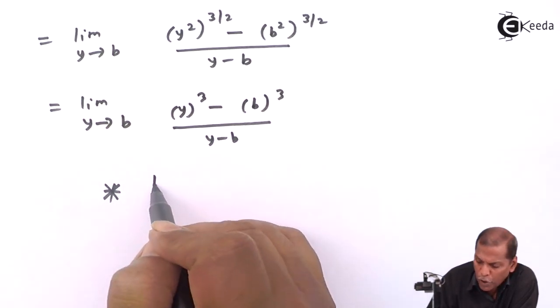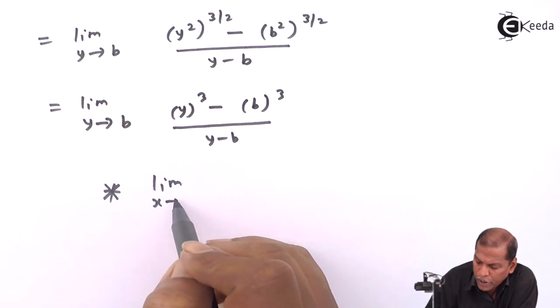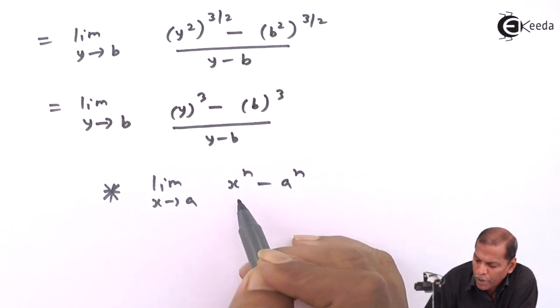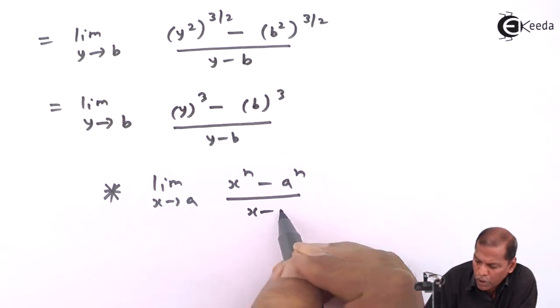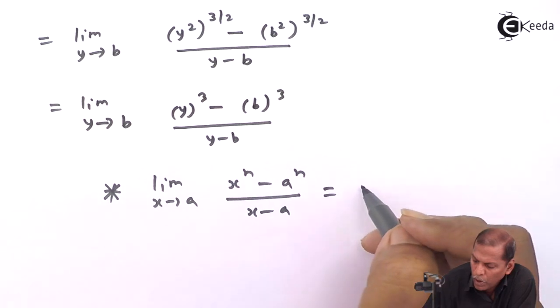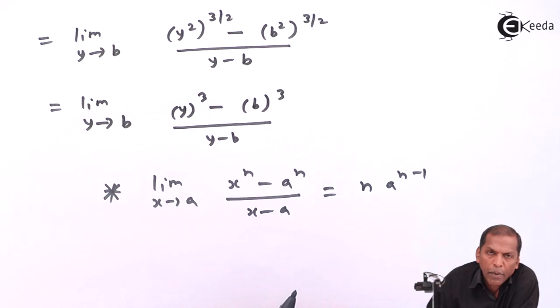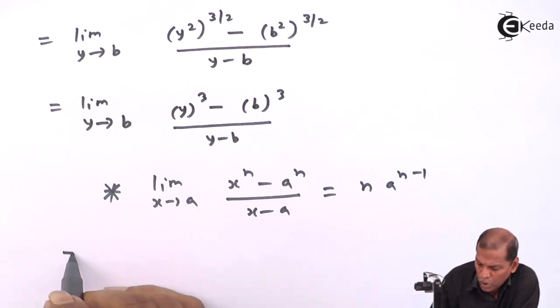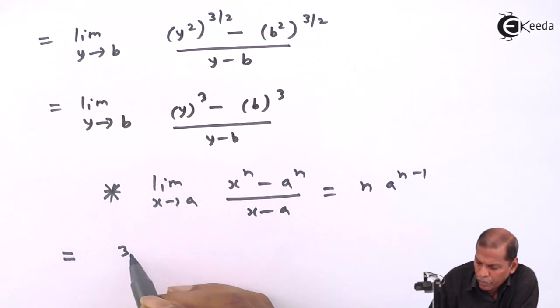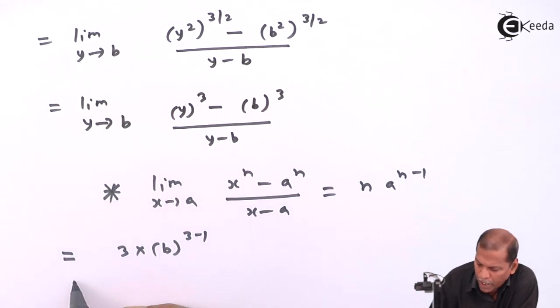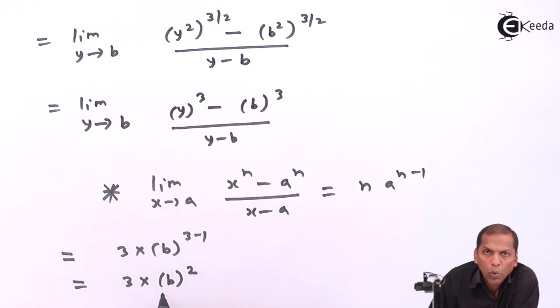Now we can apply the formula that limit x tends to a of x raised to n minus a raised to n upon x minus a is equal to n into a raised to n minus 1. So here we get 3 into b raised to 3 minus 1. So that is equal to 3 into b raised to 2.